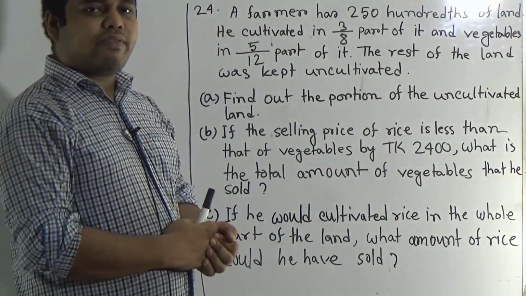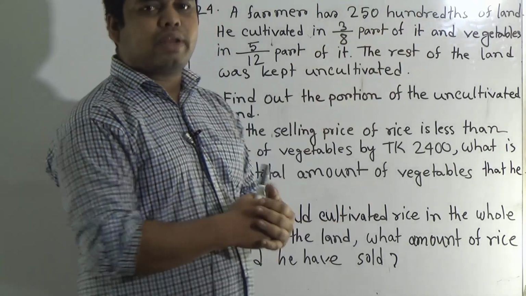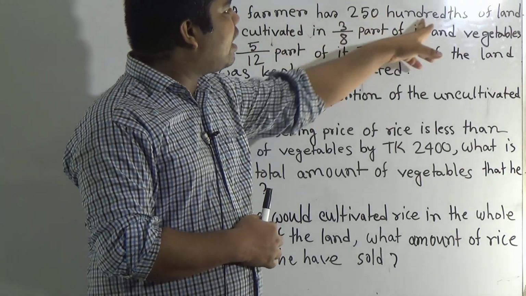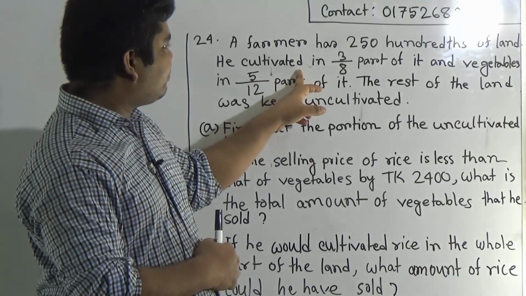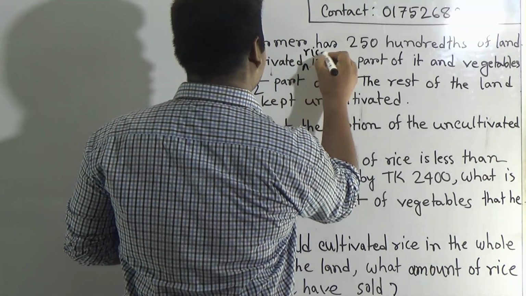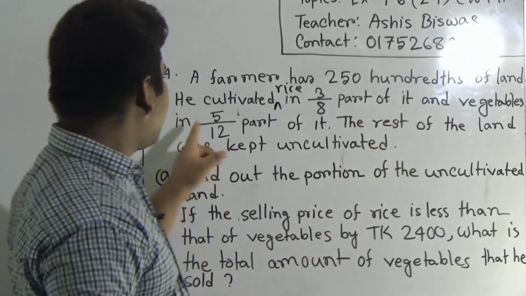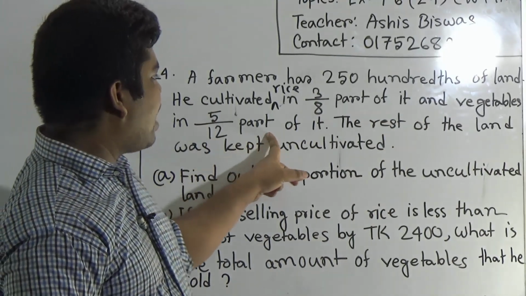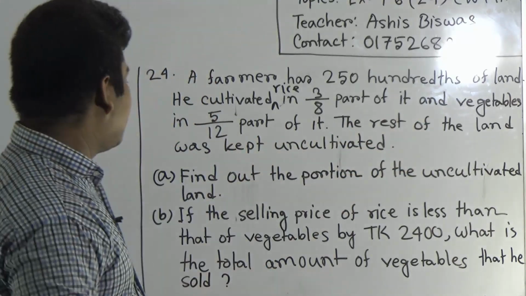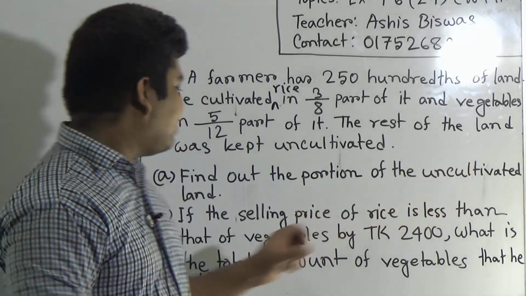That means the farmer has 250 hundredths of land, and from it he cultivated rice in 3/8 part and vegetables in 5/12 part, and the rest was kept uncultivated. Question A. Find out the portion of the uncultivated land.